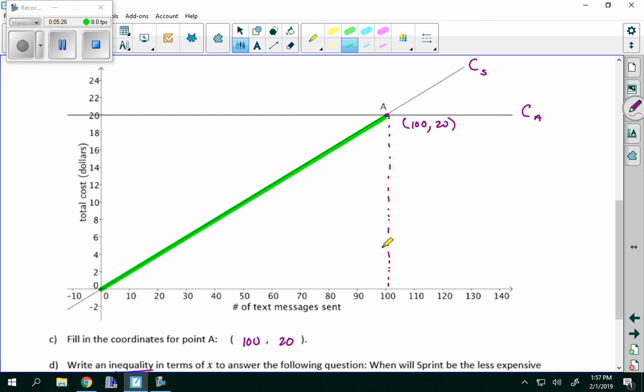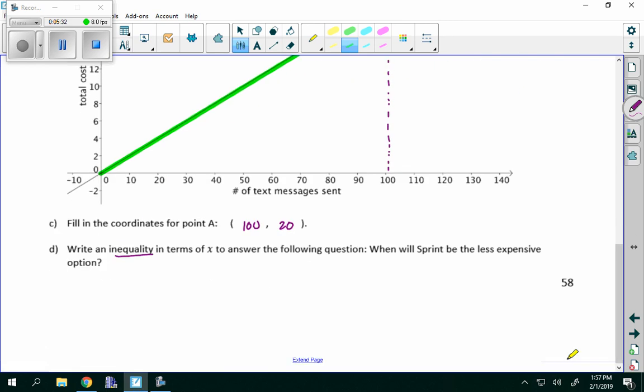When I get to 100 texts, my cost is exactly the same. So anytime X, the number of texts per month, is less than 100, my cost for the Sprint plan will be less than the AT&T plan.